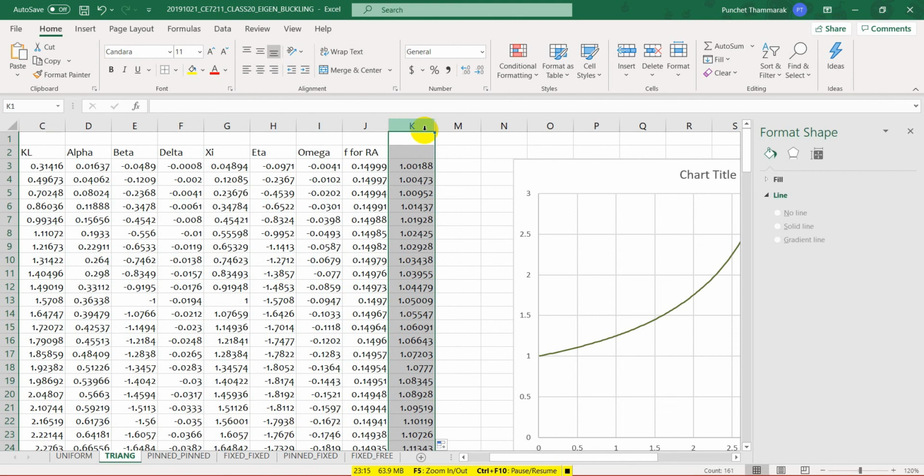Then you get all RA and MA. You have Y given in terms of W, RA and MA. RA and MA are written in terms of WL square, so everything will be expressed in terms of W, L, EI and KL.